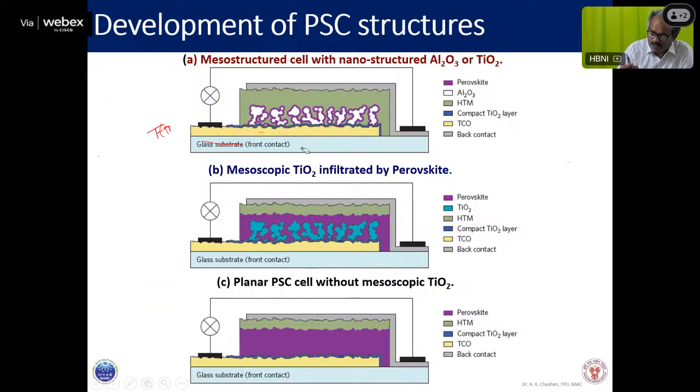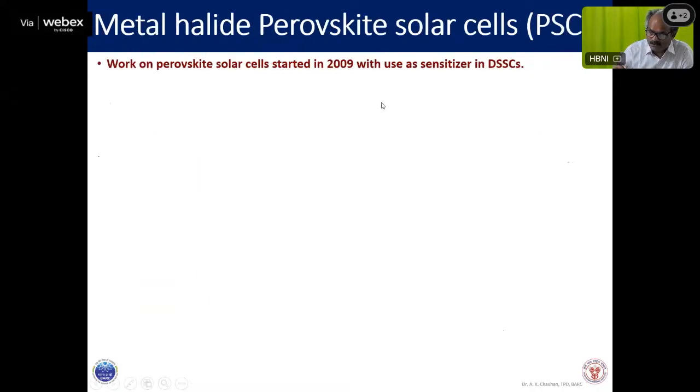Over that, in place of TiO2, alumina is deposited; this is the alumina, the white one. Then over that alumina, the perovskite is deposited. After that, you have a hole transporting material here.